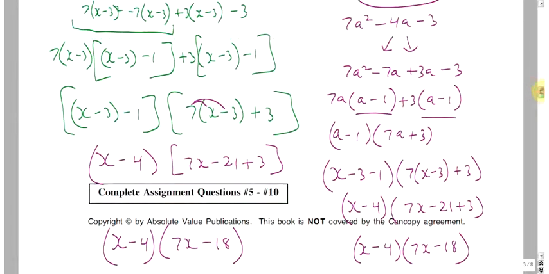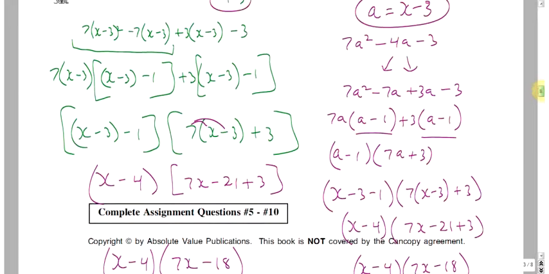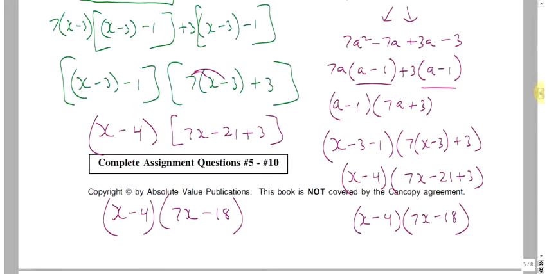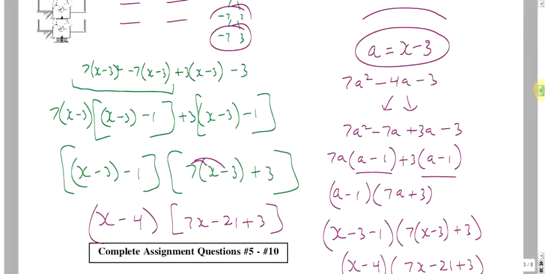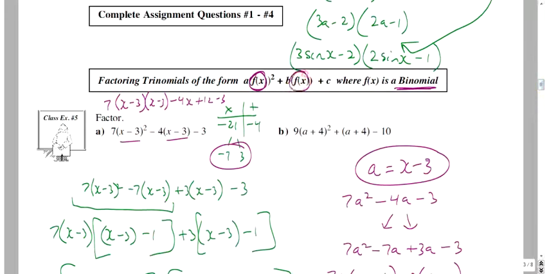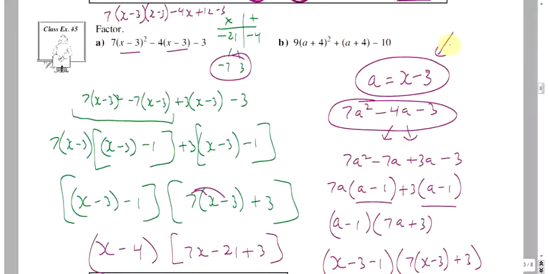Okay. So how do you know what is in your substitution? Like you have the letter that equals whatever it is, right? But how do you know what that letter equals? Well, whatever this thing is, that's what you're going to substitute because you want it to look like that. So this is like anything in life. I'm showing you how to do one, now you practice it. So like in B, not like we're going to do the question, but I could go like a equals x plus 4.